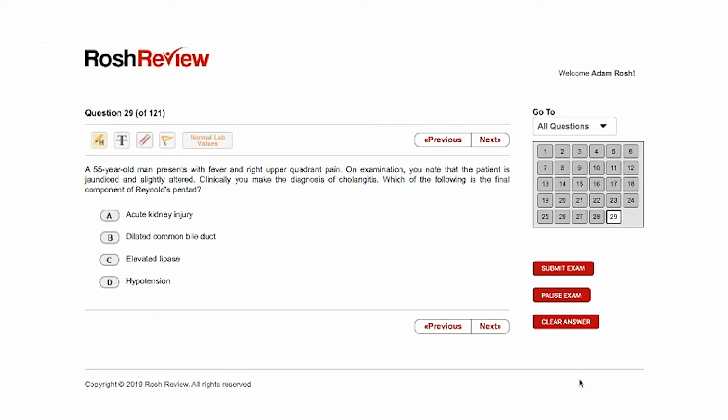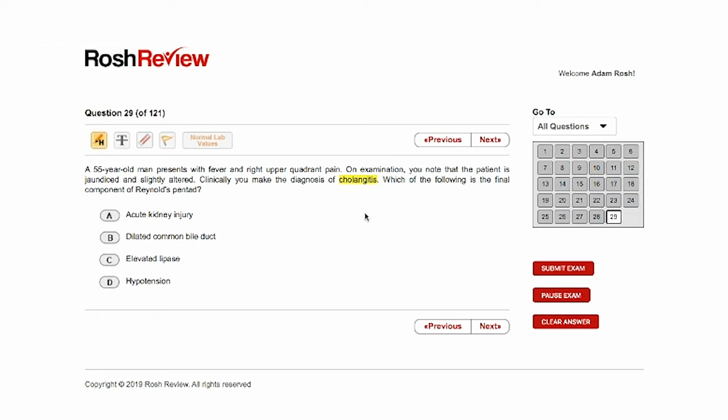All right, so this is a rather straightforward question and is a pure knowledge question. So we know this patient has cholangitis, and there are two eponyms associated with cholangitis.